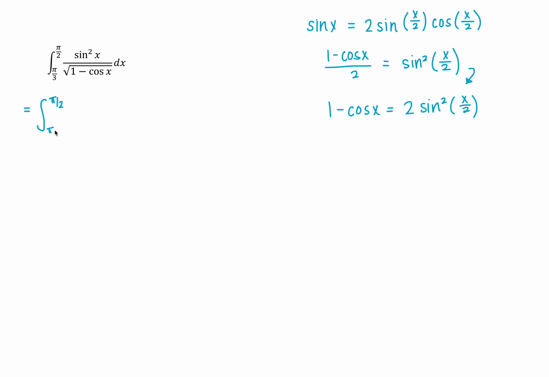So I've got 2 sine x over 2 cosine x over 2 whole quantity squared. And in the denominator inside that radical, I've got 2 sine squared x over 2.